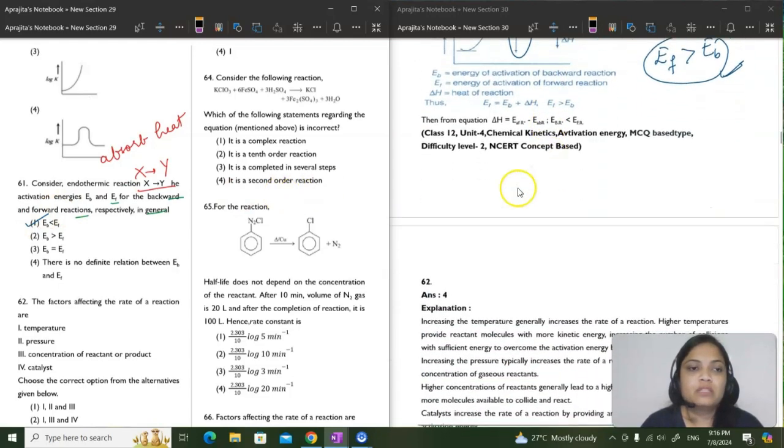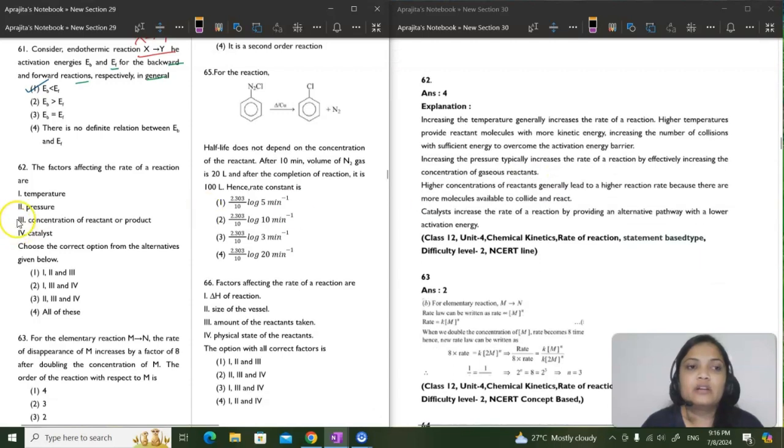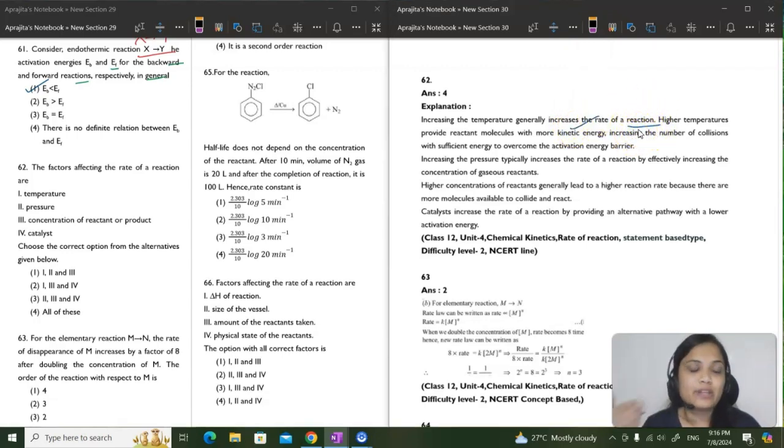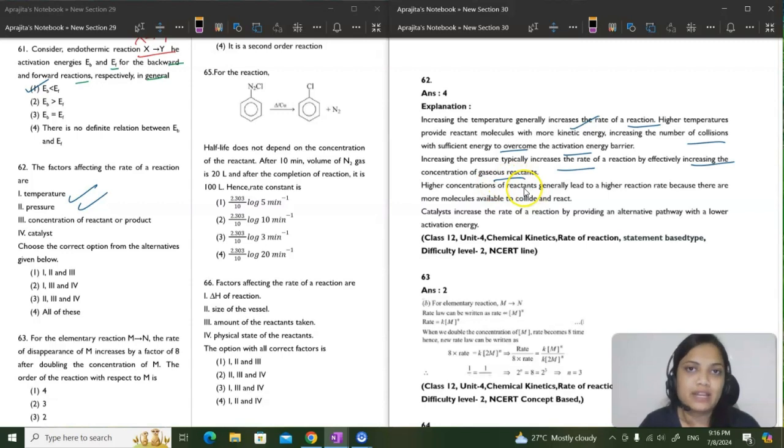Okay, question number 62. The factors affecting the rate of reaction are, so first is temperature, students. Yes, if we increase the temperature, it generally increases the rate of reaction, because higher temperature means more kinetic energy and the number of collisions with sufficient energy will increase. Okay. Increasing the pressure again increases the rate of the reaction because it will increase the concentration of gaseous reactants.